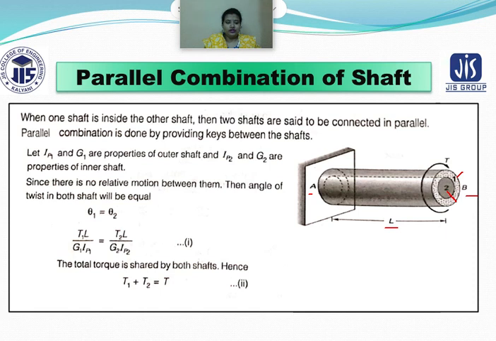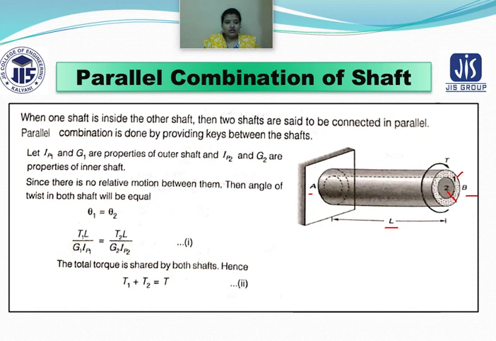So now you consider IP1, that is the polar moment of inertia, and G1 as the modulus of rigidity. Both are properties of the outer shaft, and IP2 and G2 are the properties of the inner shaft. Here you can see we have an outer shaft and an inner shaft.